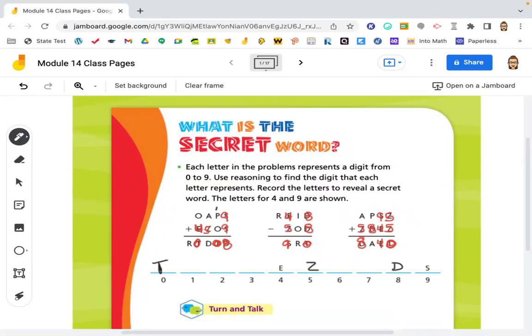We have an R here and R here. So there's nothing here, so that means that when we're borrowing, this is going to become a 14 to get this to be 9, but nothing's underneath it, so that means taking 1 away from it makes it 0.